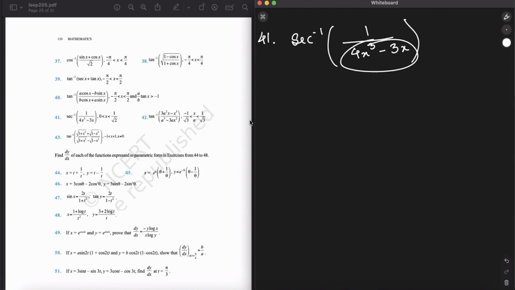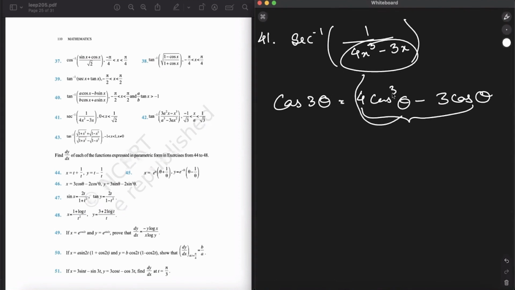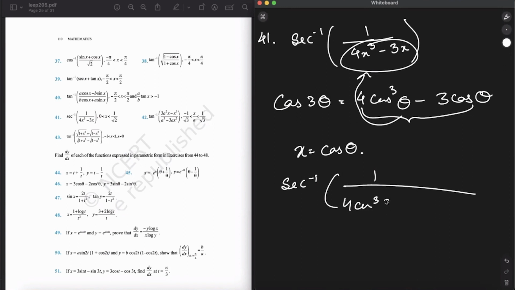Let me ask you this question: what is the formula for cos 3 theta? It is nothing but 4 cos cube theta minus 3 cos theta. The same thing has been written over here. So in place of x, if I put cos theta, I'll get secant inverse of 1 upon 4 cos cube theta minus 3 cos theta.